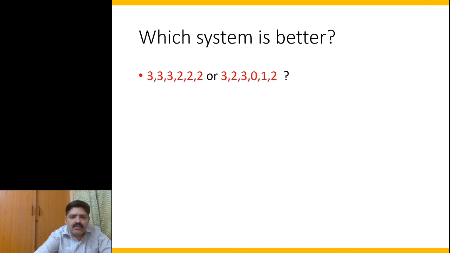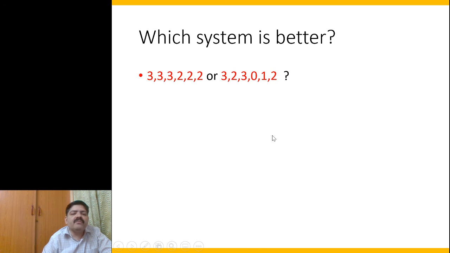Okay, so let's say I give you a system where the query returns documents. The first system returns highly relevant results at the top 3 positions, and for the next 3 positions it returns somewhat relevant documents. And there is another system which returns documents graded as 3, 2, 3, 0, 1, 2.